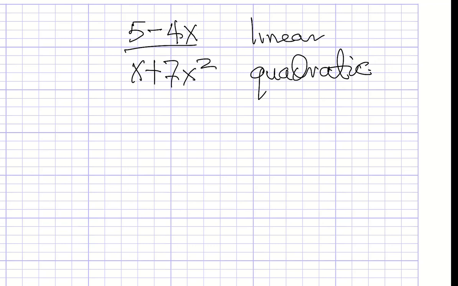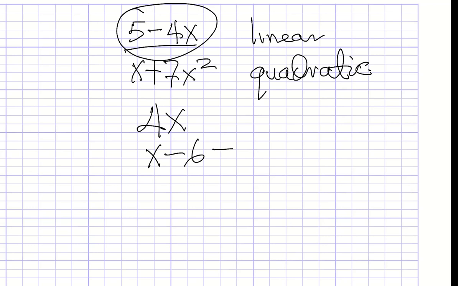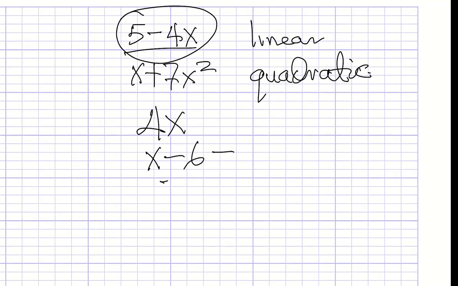All right, and then notice what that thing says. Well, look at this. This is a polynomial too, and this here is a polynomial. I'll give you an example. That one is linear polynomial, and this is a polynomial.